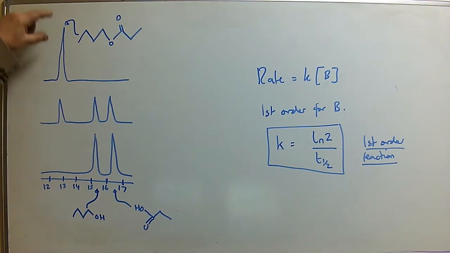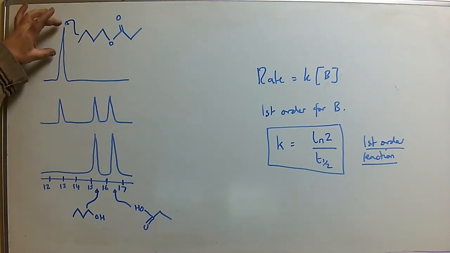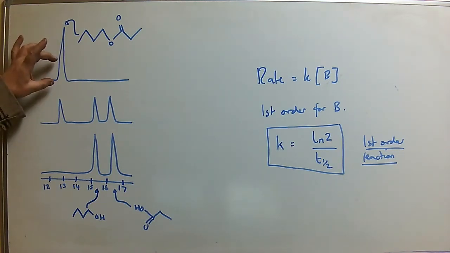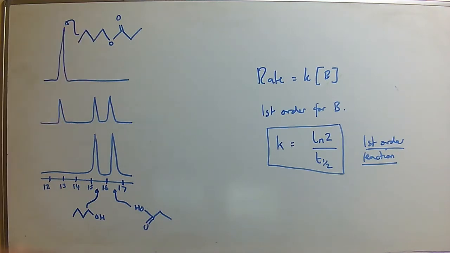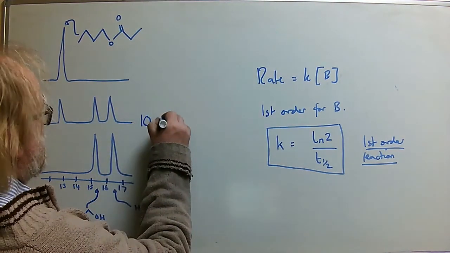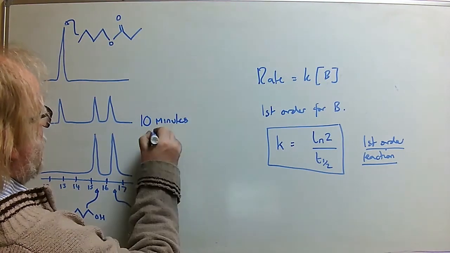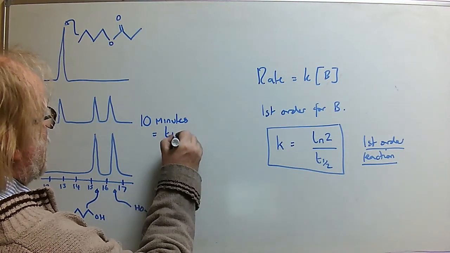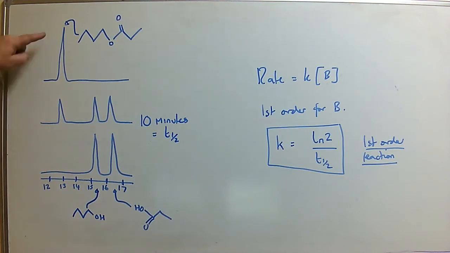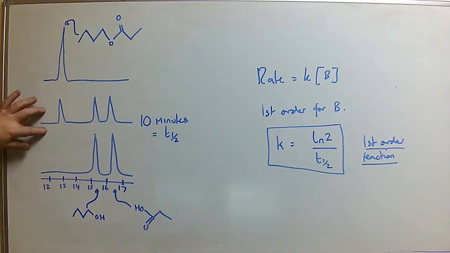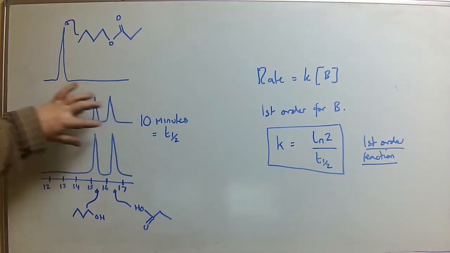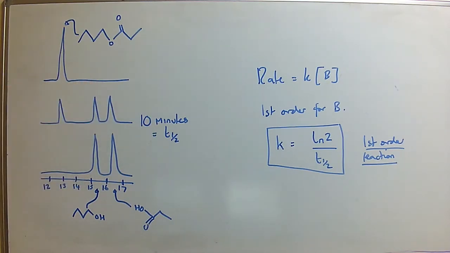Because if you've got a total of, say, 1 mole, after a half-life, you'll only have half a mole left, and you'll have formed half a mole of each product, and that's where you're at here. So that means that that time point, which is 10 minutes, is equal to the half-life, because that's the point at which half the reactant has been used up and converted into product, and that's unequivocally true from the pattern that you see there.